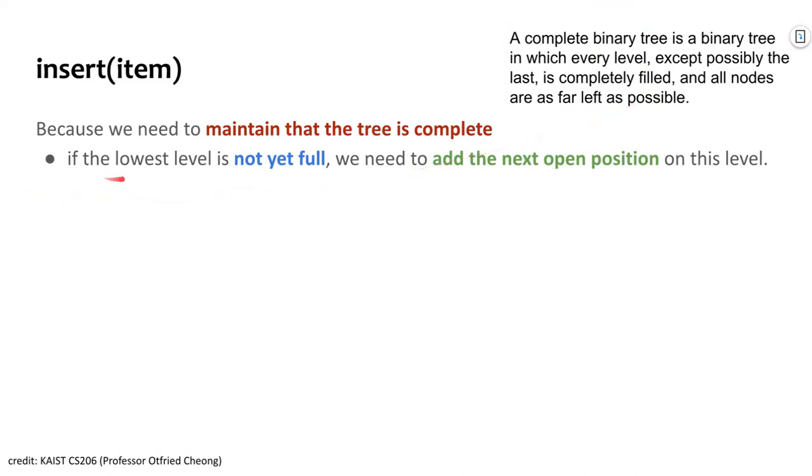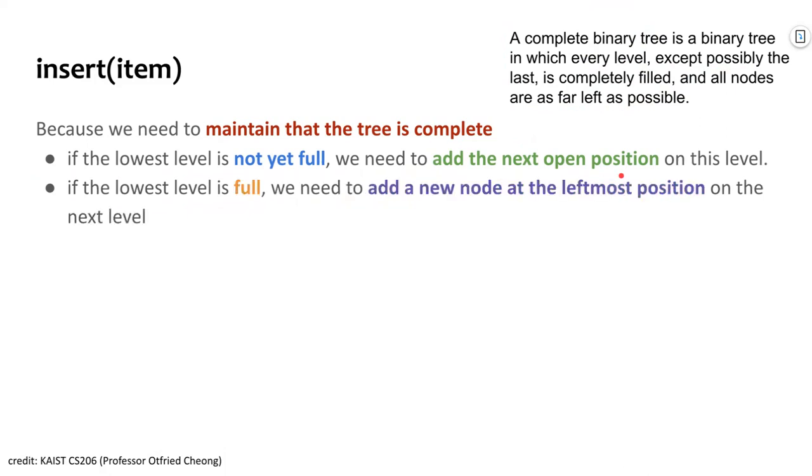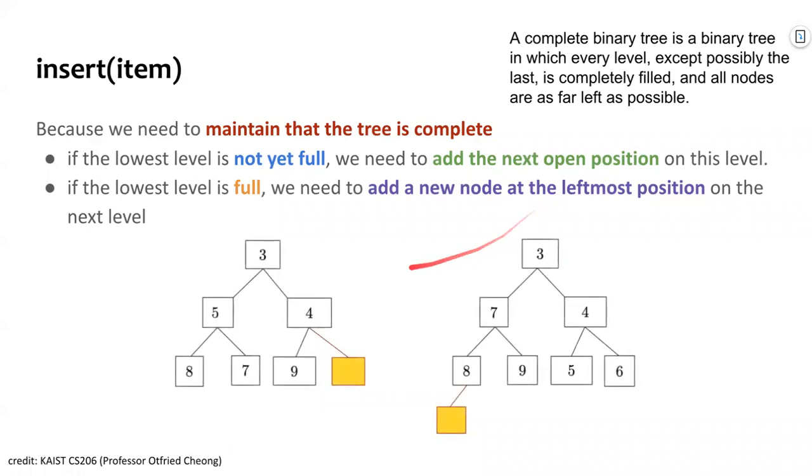If the lowest level is not yet full, we need to add the next open position on this level. If the lowest level is full, we need to add a new node at the leftmost position on the next level. So this is the picture. We say this tree is complete because we do not have other levels unless this third level is full.